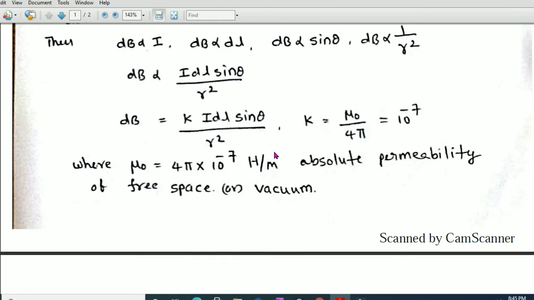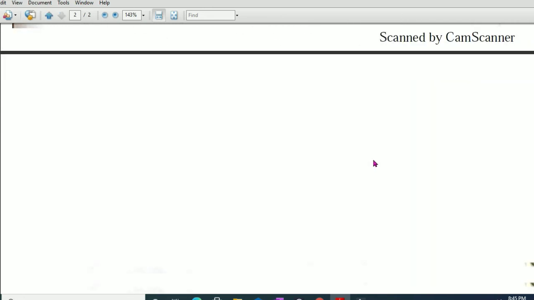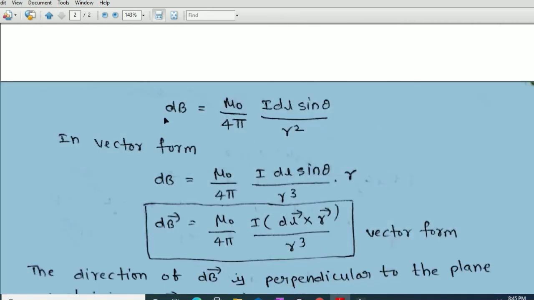Now, after substituting mu naught by 4 pi in place of k, the expression becomes dB is equal to mu naught by 4 pi I dl sin theta by r square. Now for this expression, we multiply the numerator and denominator by r.